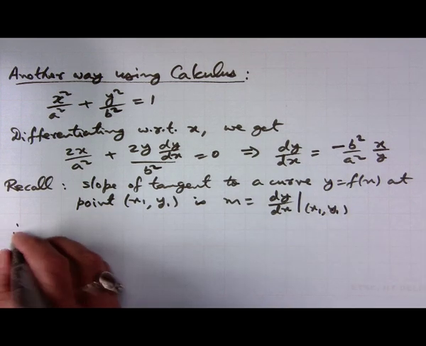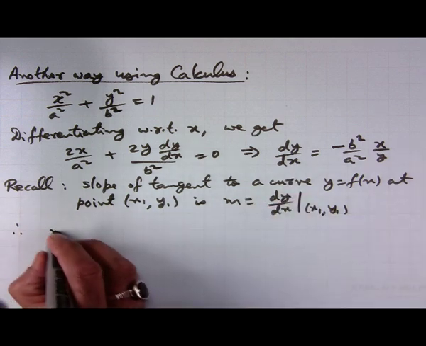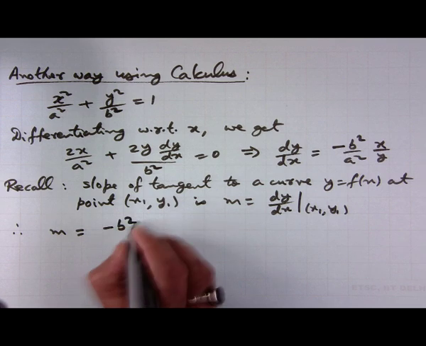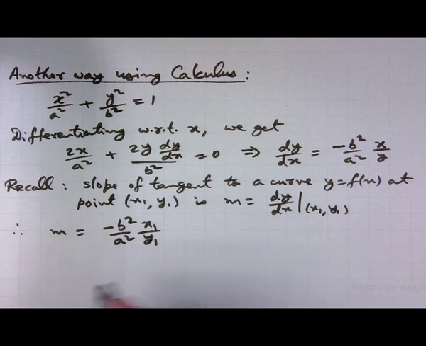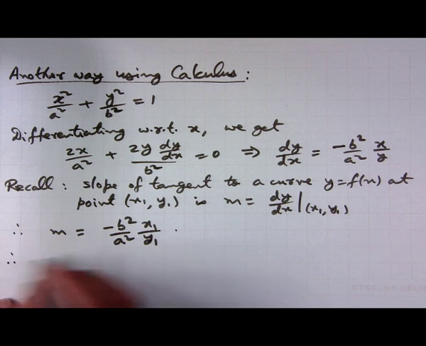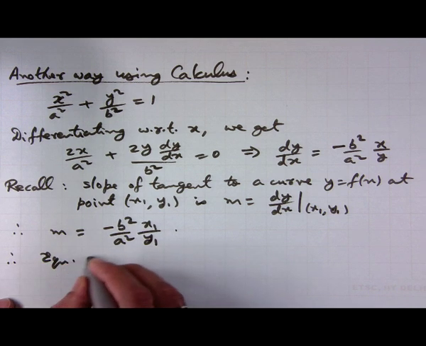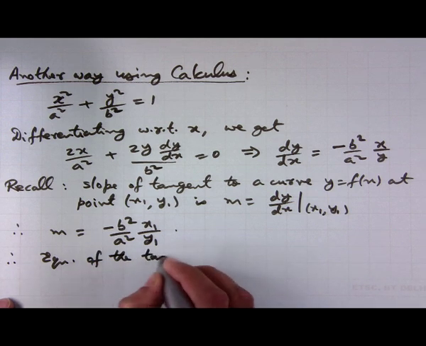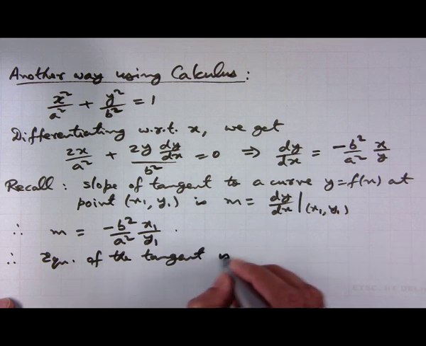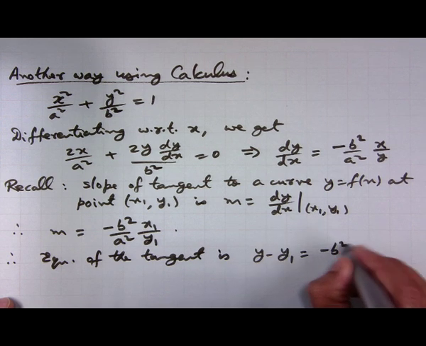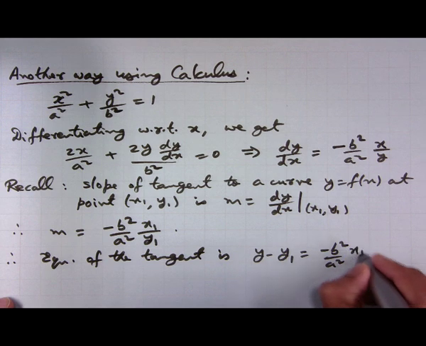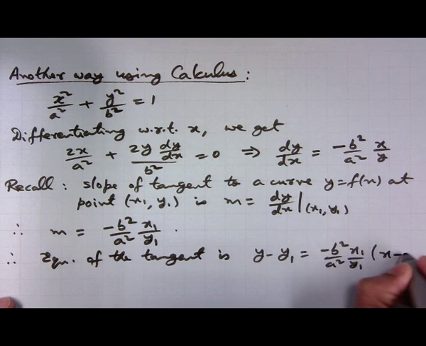So, therefore, the slope in this case will be minus b square by a square times x1 by y1. Now, once we know the slope, we can write down the equation. Therefore, the equation of the tangent is y minus y1 equal to slope, minus b square by a square times x1 by y1, times (x minus x1).